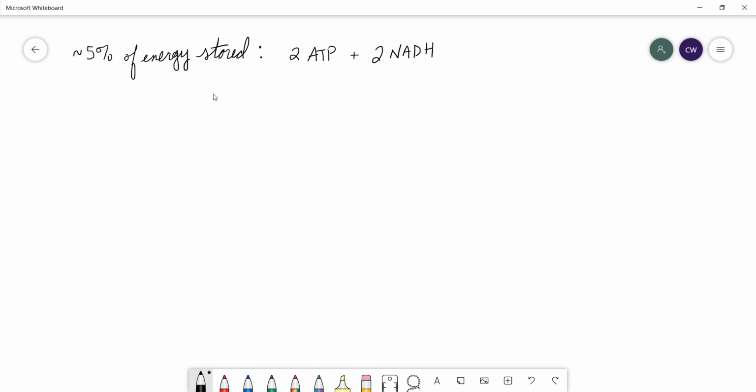Initially, we will invest 2 ATP. So overall, we take 2 ATP, we put it into the process, we get 4 ATP out, which gives us a net of 2 ATP. So just bear that in mind.